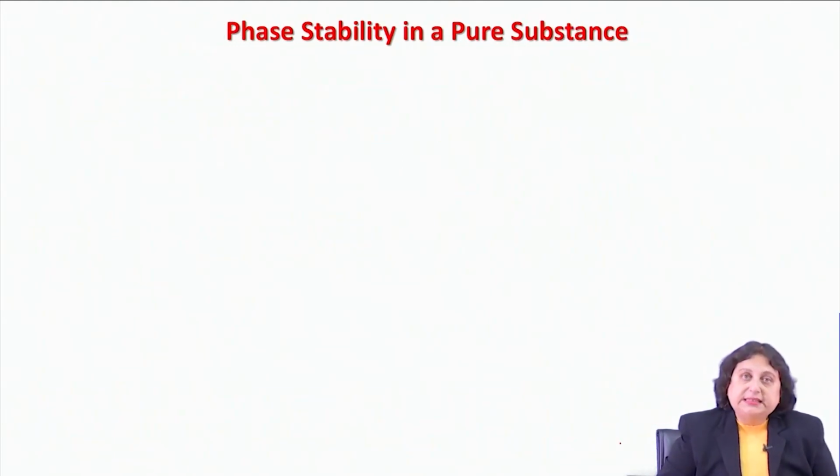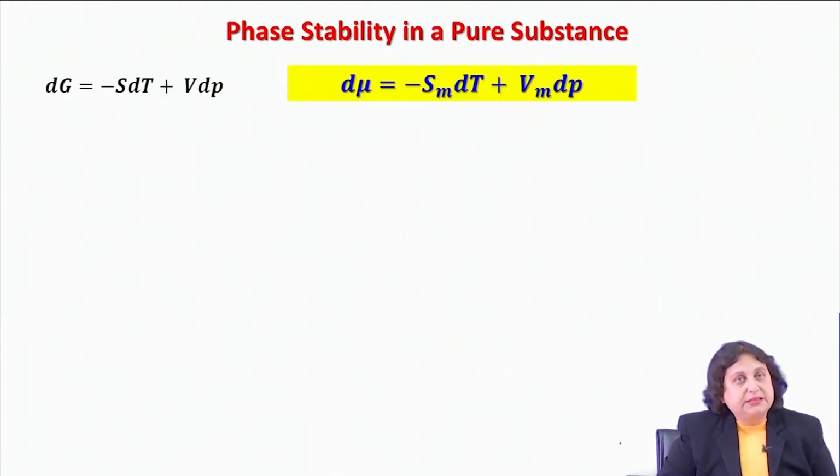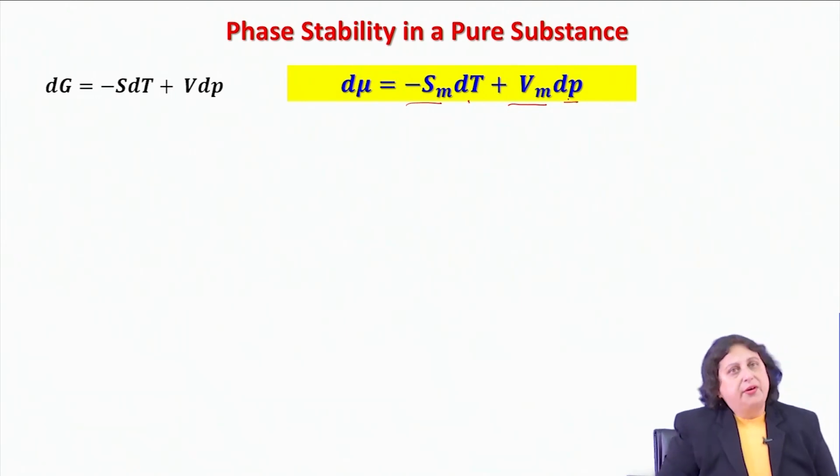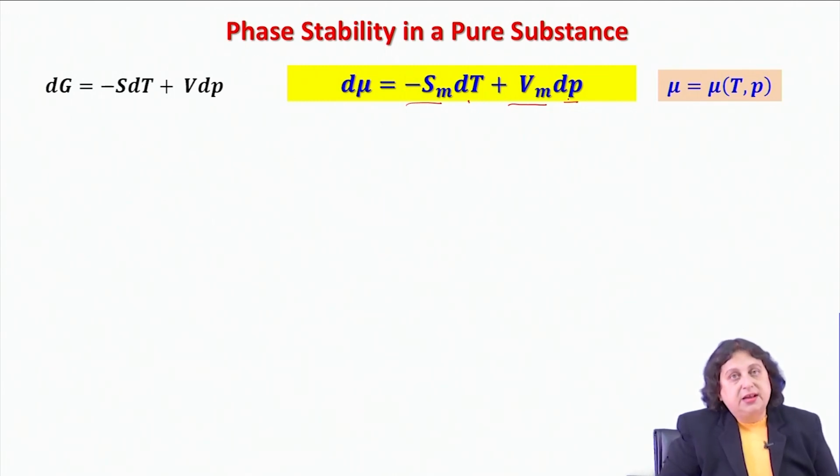Now, let us examine the question of phase stability in a pure substance. For this purpose, I would like to remind you that we have derived the relation d mu equals minus molar entropy times dT plus molar volume times dP for any given substance. I understand that this equation expresses mu as a function of temperature and pressure.